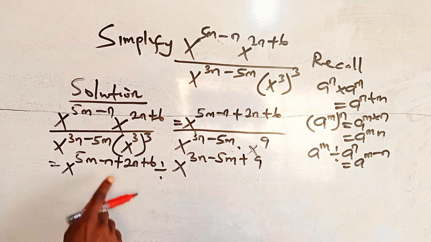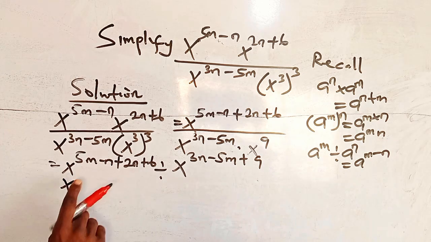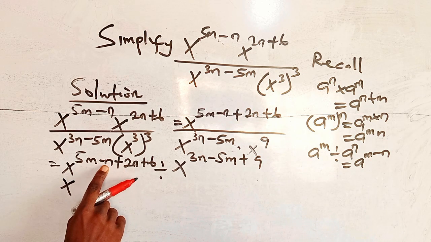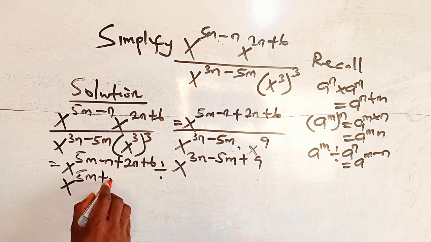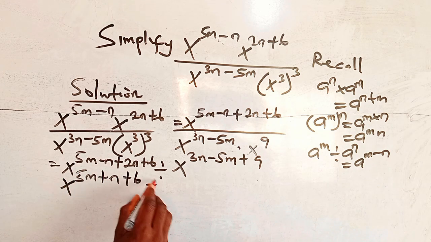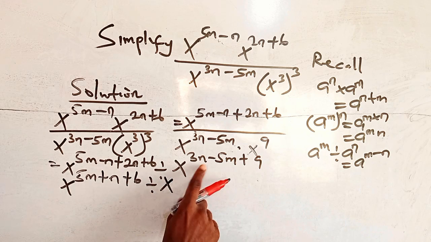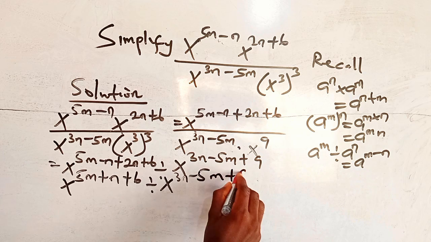We can resolve the exponents: collecting like terms, minus n plus 2n, we have x to the power 5n plus n plus 6, divided by x to the power 3n minus 5n plus 9.